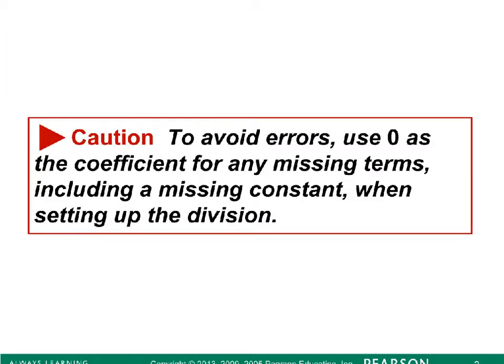But before we get to that example, one thing we do need to remember about synthetic division is that to avoid errors in our division process, we must use zeros as the coefficients for any missing terms. So, for example, if I have the polynomial x squared plus 2, and I want to divide it by x minus 1, well, this polynomial is missing the term of x.